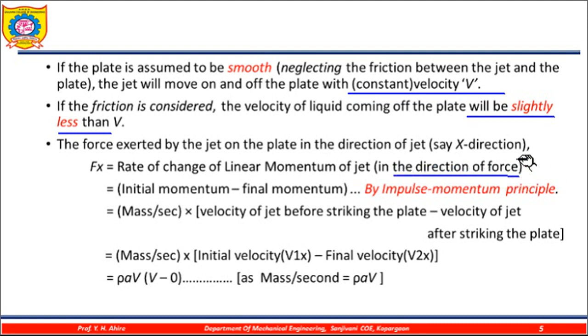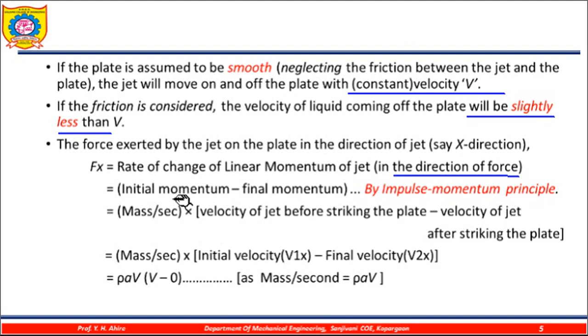Remember, this entire equation is a vector equation. Force is on the left hand side, a vector quantity in the x direction. Therefore the change of linear momentum on the right hand side is also a vector quantity in the x direction. So this can be written as initial momentum minus final momentum of the jet by the impulse momentum principle.